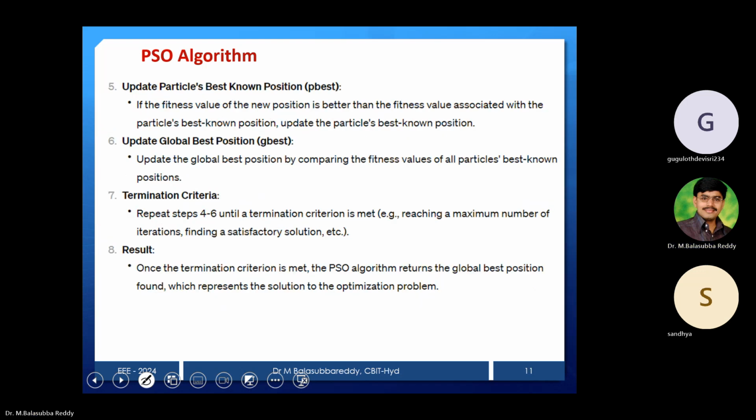Now after that, we need to update the particle's best known position, the P best. Whatever random values are already known to you, that is individual. Suppose this is an analogy: you have the results, maybe of the first semester. Suppose there is a chance of writing a betterment exam, and you wrote it and got the result.